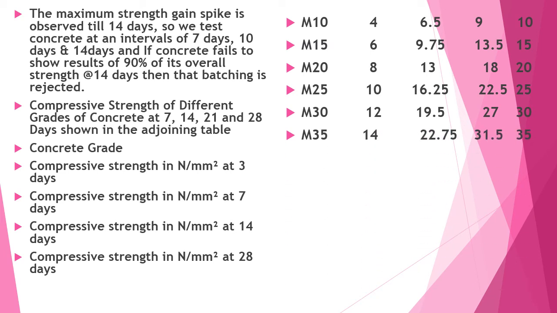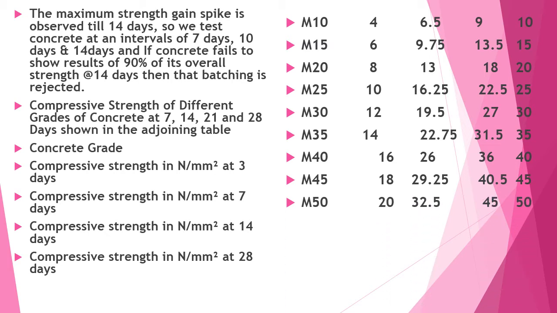M35, 14 newton per mm square at 3 days, 22.75 newton per mm square on 7 days, 31.5 newton per millimeter square on 14 days and 35 newton per mm square on the 28th day. So like this, every concrete grade gains its strength ranging from 3 days to 28 days.